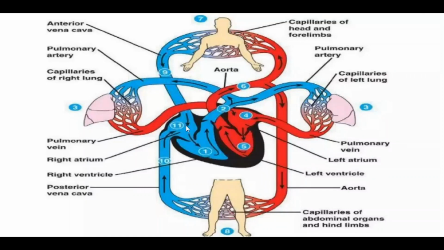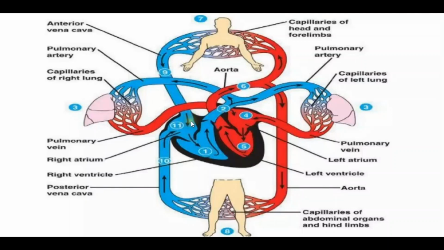Okay, so like that, this side also, here also. So it carries oxygenated blood to all the organs of the body, and when it is coming back carries deoxygenated blood. So this type of circulation is known as what? Systemic circulation. Then second one is the pulmonary circulation.